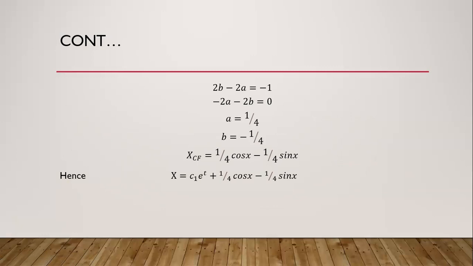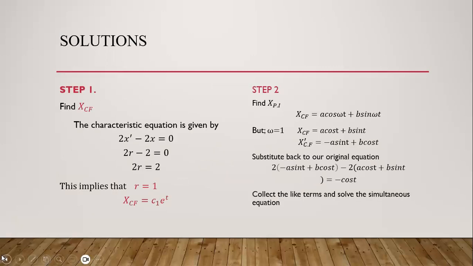So after solving the simultaneous equations, we get that a equals a quarter, and b is negative a quarter. Once we have our values for a and b, we substitute back into our x_p, given here in step 2, because you remember it was given by a cos t plus b sin t.